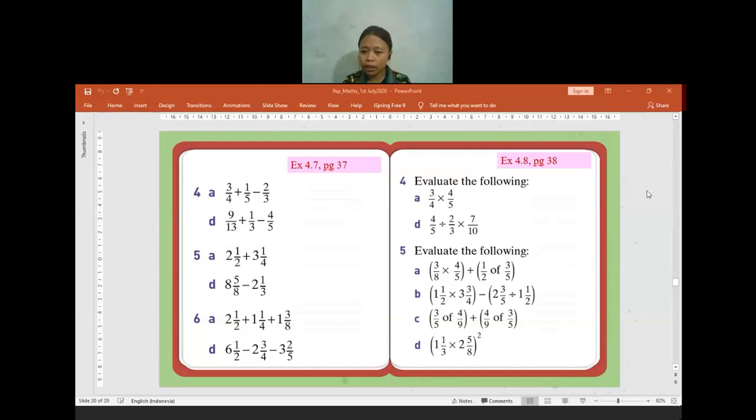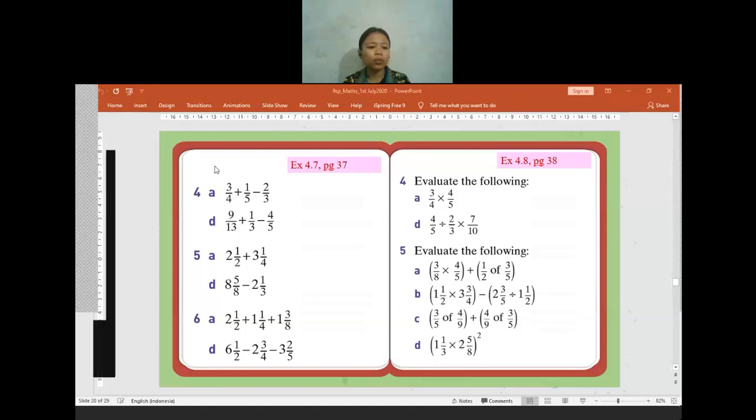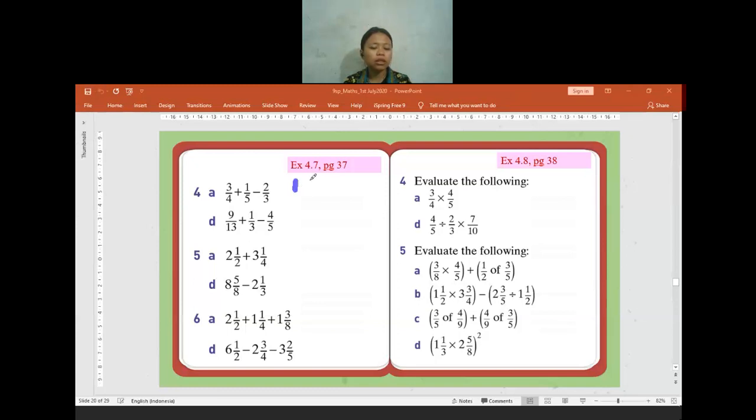Oh, Excel said it is 17 by 60. Is there anyone who gets the same answer or disagrees with this answer? Someone told me it is 17 per 60. Is there anyone who disagrees? Hello?